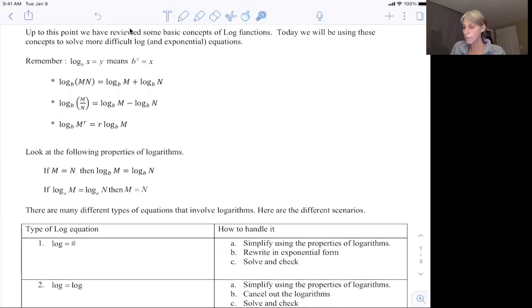So this is still really a review for the most part. We want to remember that log base b of x equals y really means b to the y equals x. So we have those two forms. And if you're having a problem with that, you can always think of it like this: B to the e equals n.